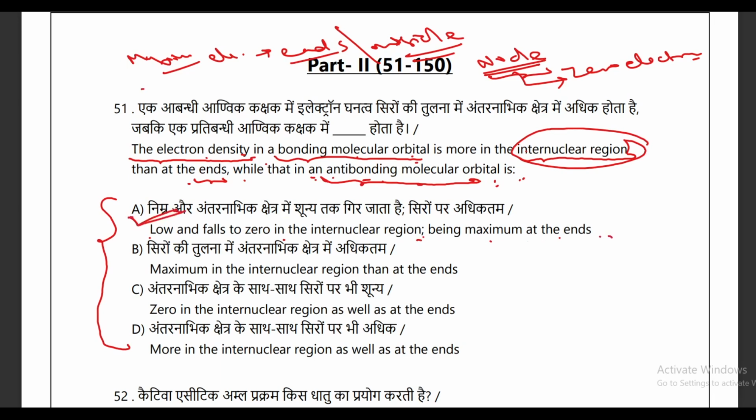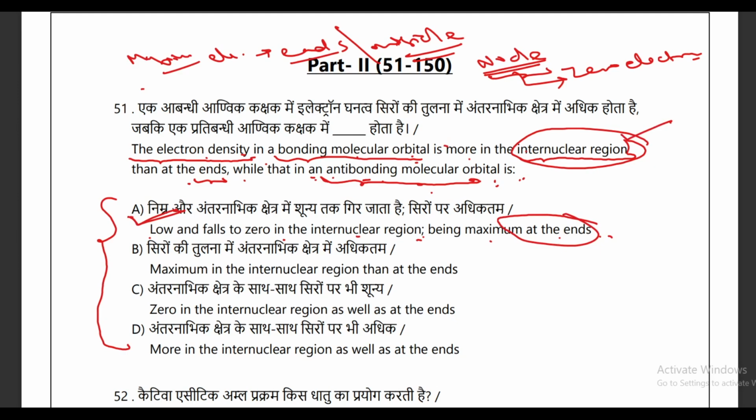Okay, as I said, in an antibonding molecular orbital, maximum electron density is at ends or outside. But in case of bonding molecular orbital, there is maximum electron density in the internuclear region. So in the first question, the correct answer is A. No need to check other options.